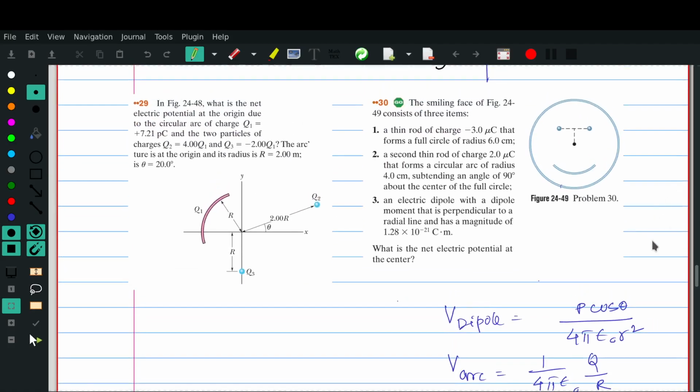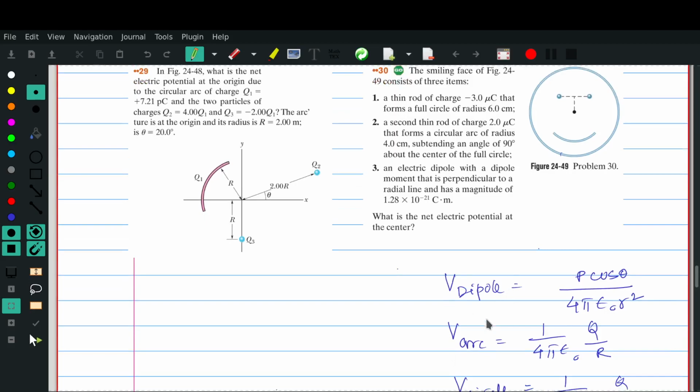So how do we do this? We calculate the potentials for each element, consider the superposition principle, and just add all of these potentials up.